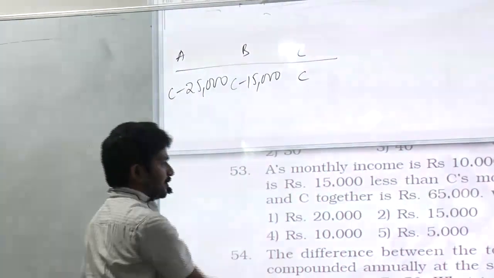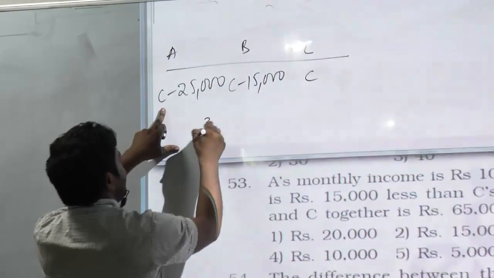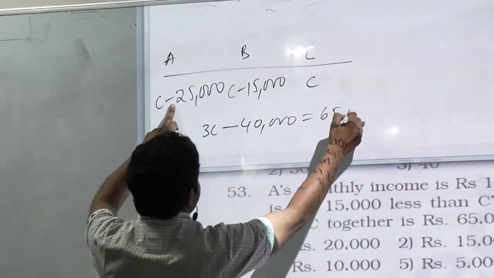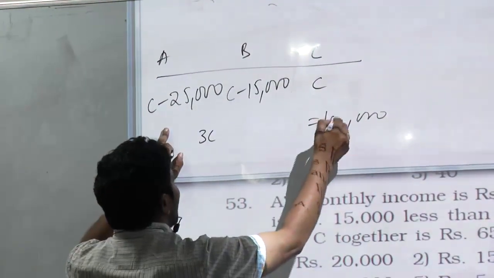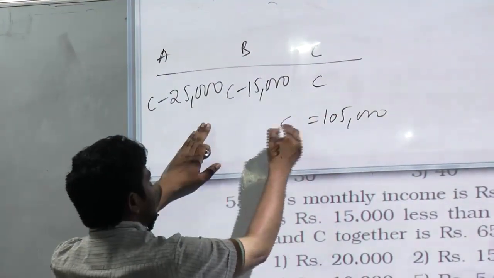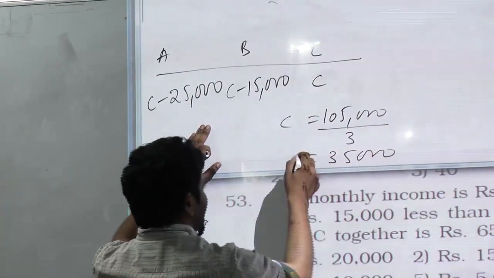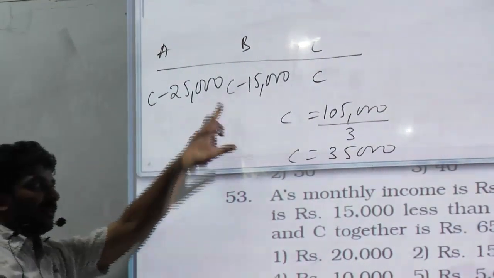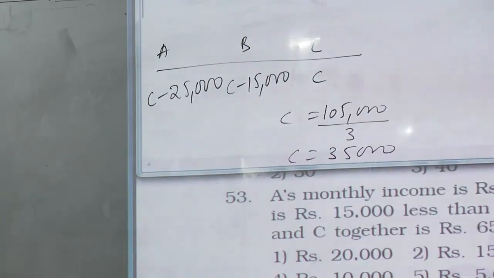When you add everything, that should be equal to 65,000. 3C minus 40,000 is equal to 65,000. 3C is equal to 1,05,000. C is equal to that divided by 3. How much is this? 35,000. What is your question? A is getting C minus 25,000. 35,000 minus 25,000, 10,000.